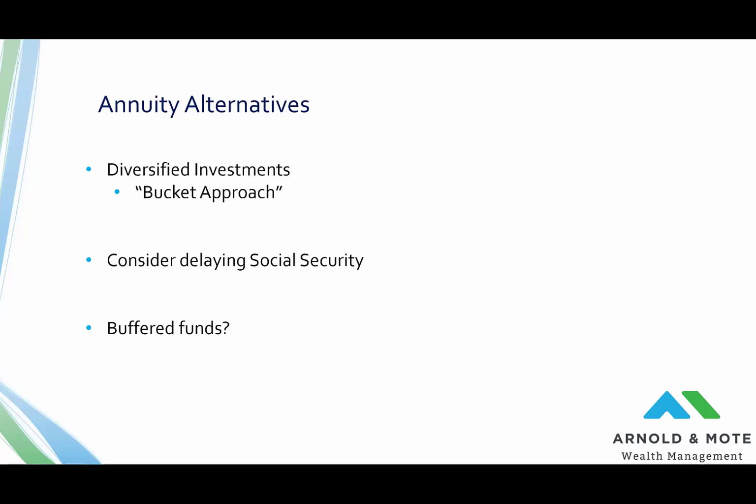Also, most people have a Social Security benefit, and I had mentioned at the very start the benefits of some amount of fixed income, and Social Security provides that for a lot of people. Social Security also has a couple really good benefits compared to annuities. One is that it's inflation adjusted.